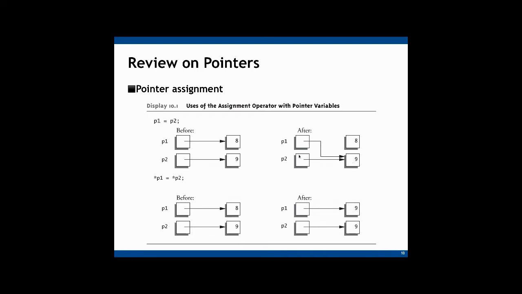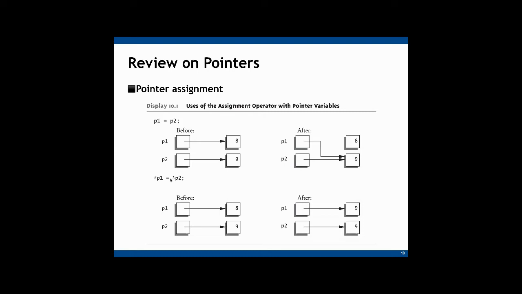So if the value of P2 is changed, it also affects P1 as well because they are pointing to the same memory location. But this changes if we put the asterisk here. So same as above, P1 pointing to here, P2 pointing to here.